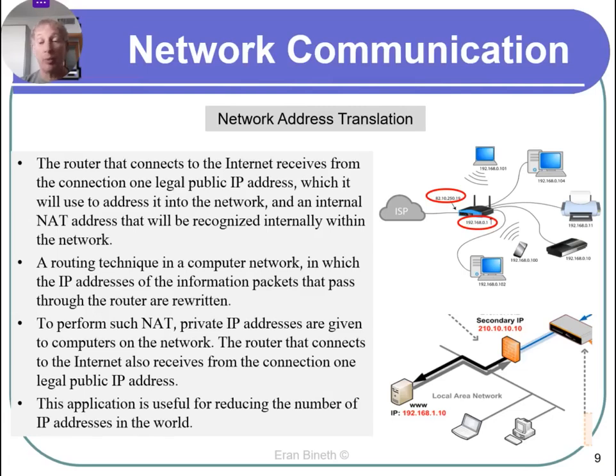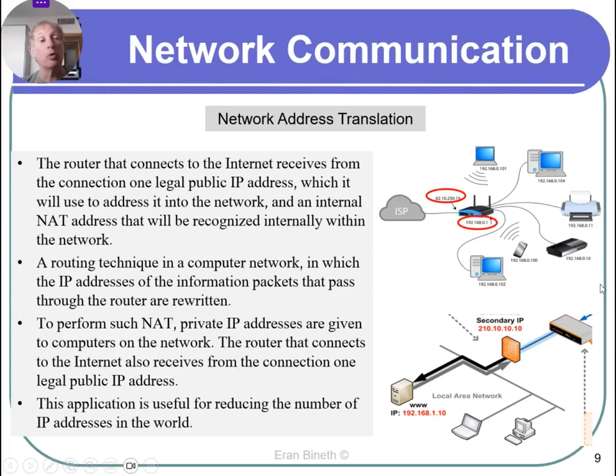When a computer wanted to send a message to, for example, Google, and it had an IP address which is not known externally, the router itself would take on the responsibility to convey that message to Google while representing itself instead of the original IP address.